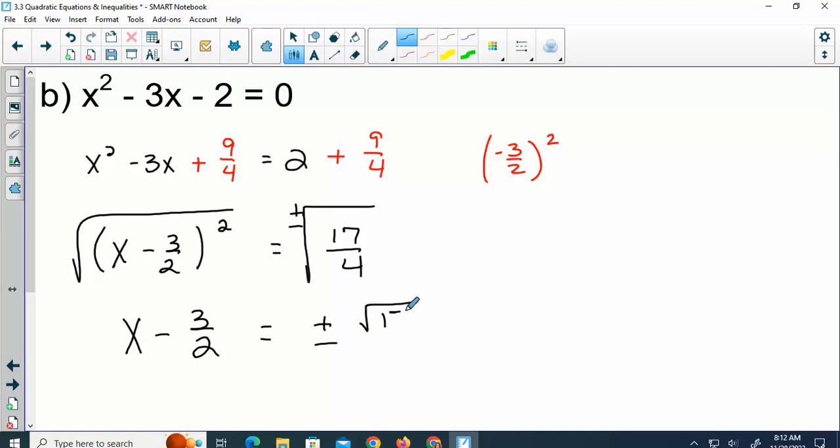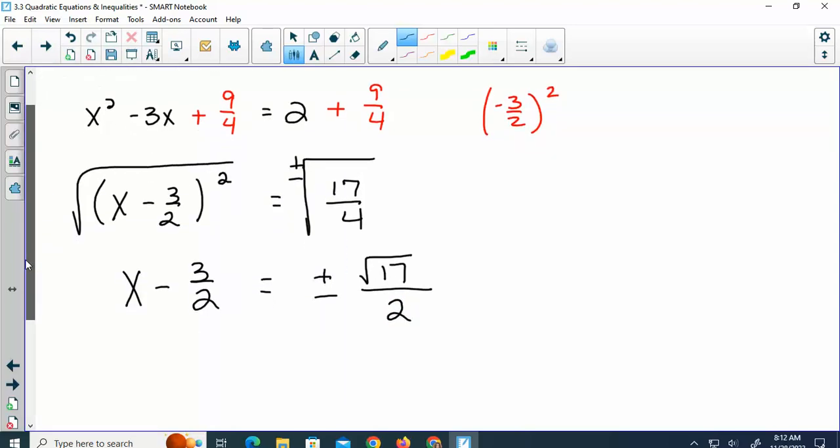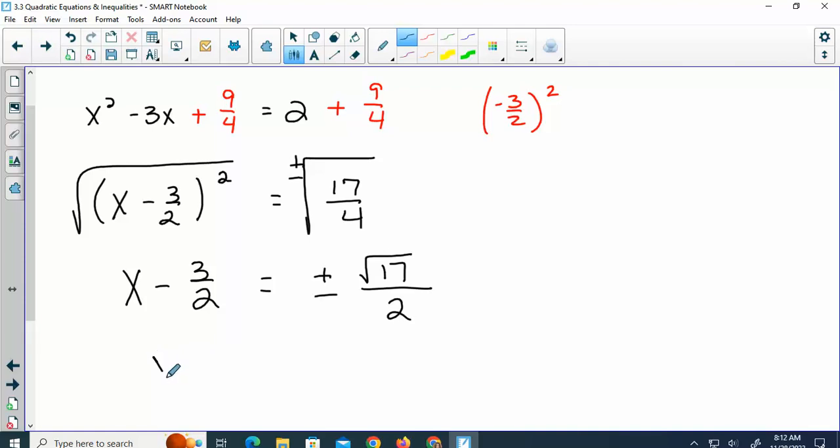So that stays. What's the square root of 4? So it's the square root of 17 over 2. Final step, we add that over. So 3 halves plus and minus square root of 17 over 2.